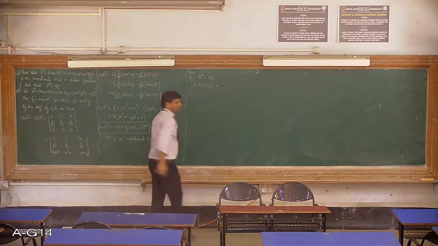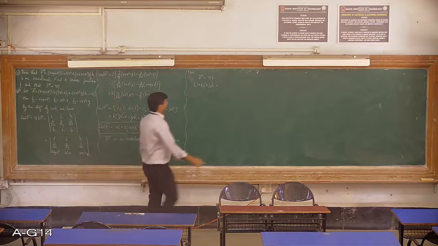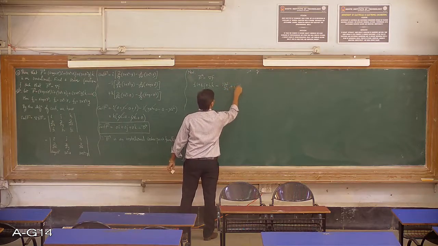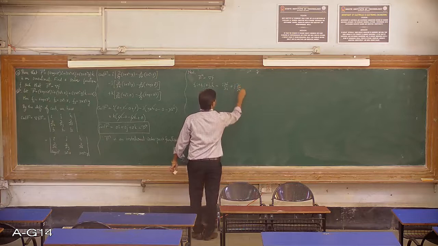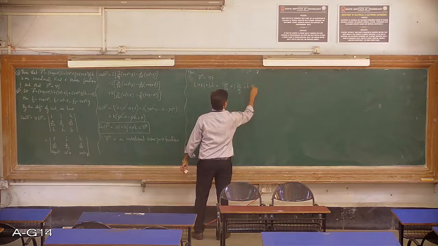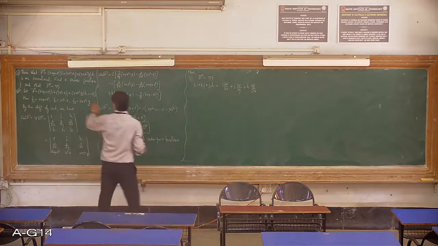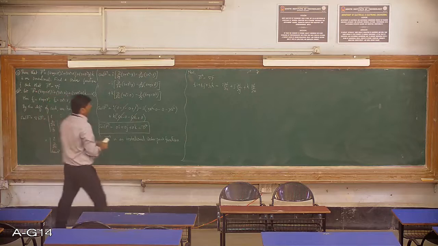And what do you mean by the gradient of f? That you already know. That means i ∂f/∂x plus j ∂f/∂y plus k ∂f/∂z. But what is this F? F is given in equation 1. So just write it.